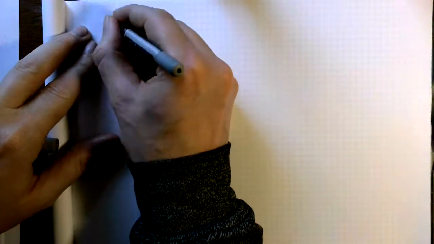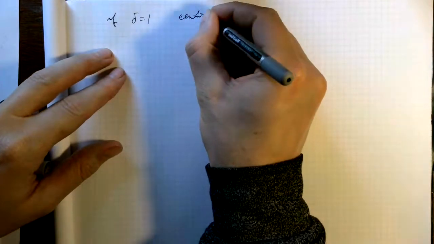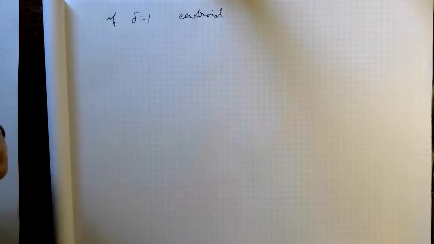If delta is 1, and we just assume it's not really there, it's just an average of the position over the volume, then this is a centroid rather than a center of mass. But it happens to be the same thing if the density is uniform. If the density is not uniform, then it's not going to be the same thing. For a centroid, you don't put the delta in. That's the only difference.